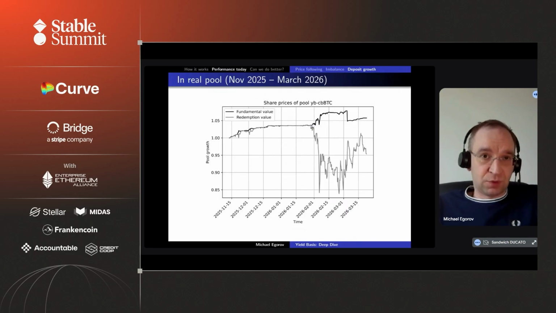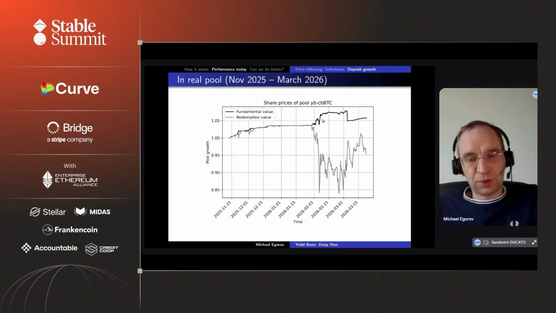probably the most important for YieldBasis part, how the deposits grow, right? So if we work with pools like they currently work today, we have the fundamental growth part, the line to which we actually will return eventually, right? And the redemption value, which is good, corresponds to fundamental value when pool is balanced, but when it goes out of balance, we have essentially this, right?